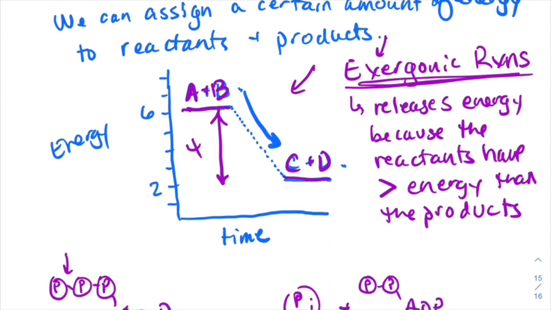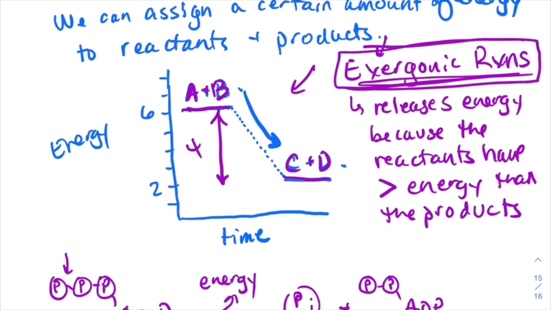Like this, and this releases energy. That's how the ATP molecule is used by the cell. It is an exergonic reaction. Right there. This releases energy.